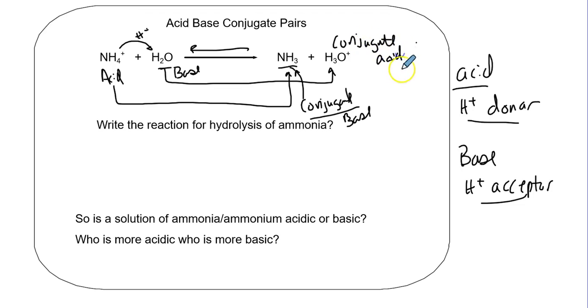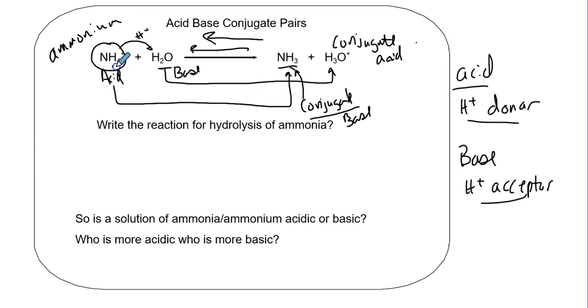Okay. Write the reaction for hydrolysis of ammonia. Well, this is ammonium. So what would be the reaction going this way? That's what bases do. Whoever has the H plus is the acid, and whoever doesn't have it is the base.